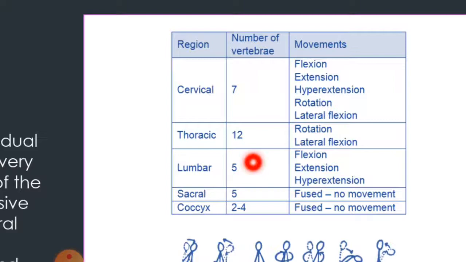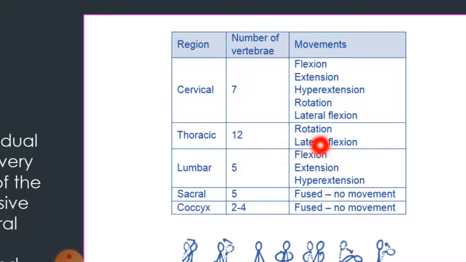Okay, so the maximum movements are possible at the cervical vertebra. You can flex your neck, you can bend your neck anteriorly. You can extend your neck, means you can bend it posteriorly. You can hyperextend your neck. You can rotate your neck, and you can also bend your neck at the side.